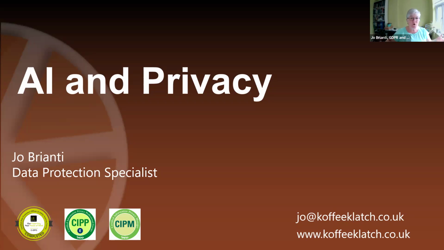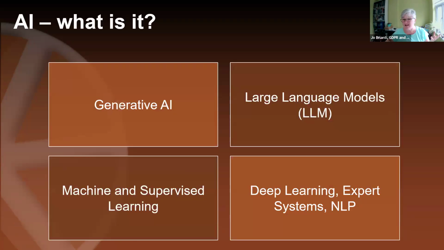So moving on from that, I want to really talk about what is AI. What actually is AI? Let's start off with generative AI. This is the one that a lot of people think about when they mean AI. Here you're thinking about ChatGPT and the various models there.